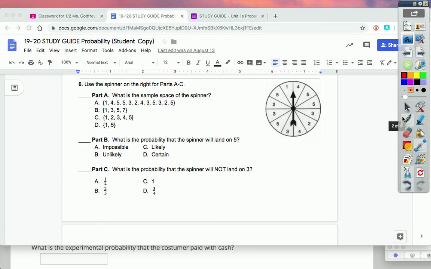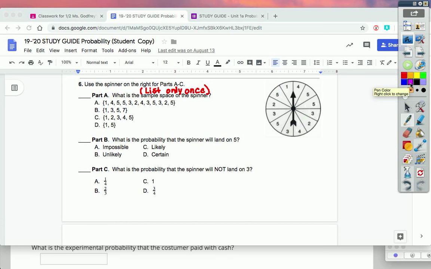Now we're going to use this spinner to answer parts A through C. The first one asks about sample space. Sample space are all of our possible outcomes. Remember, with sample space, we only list them once. Okay.